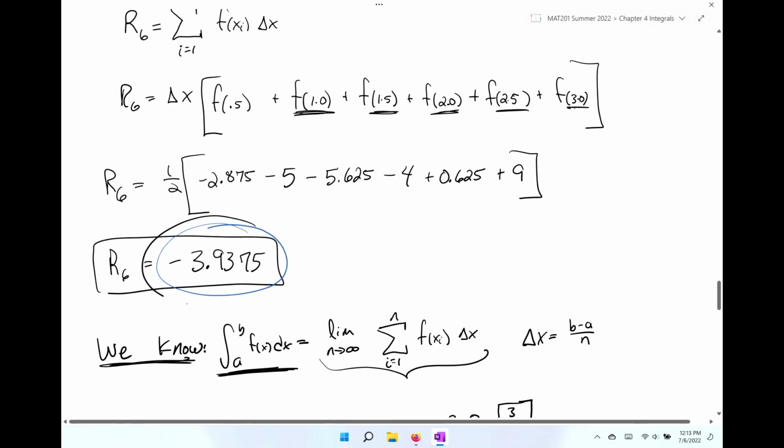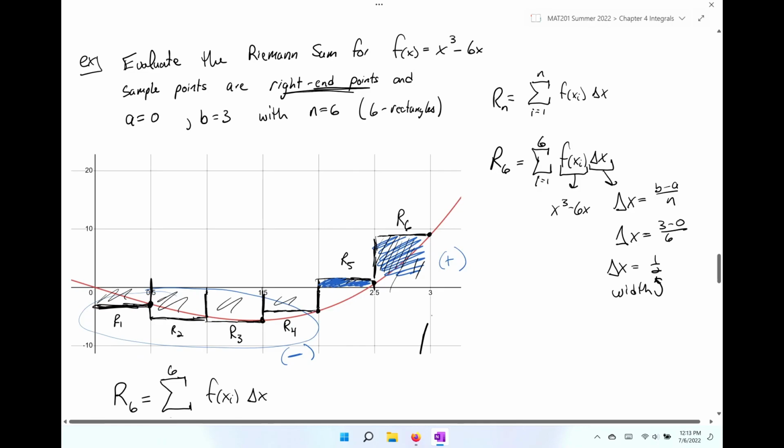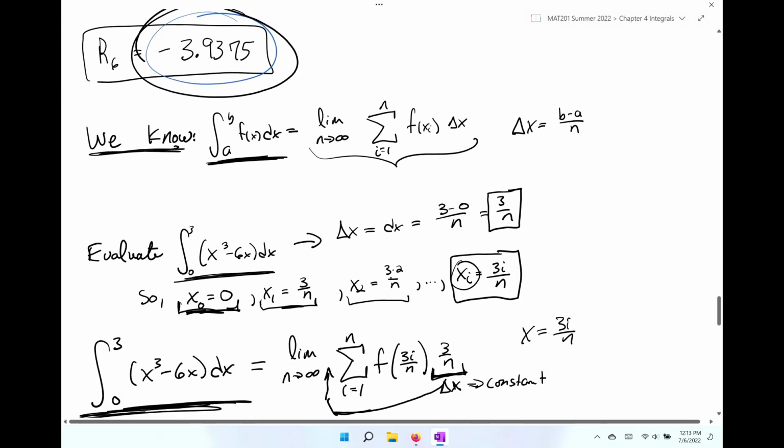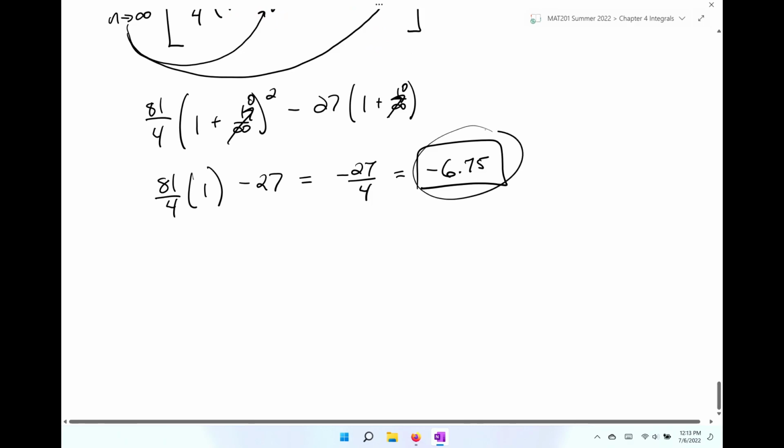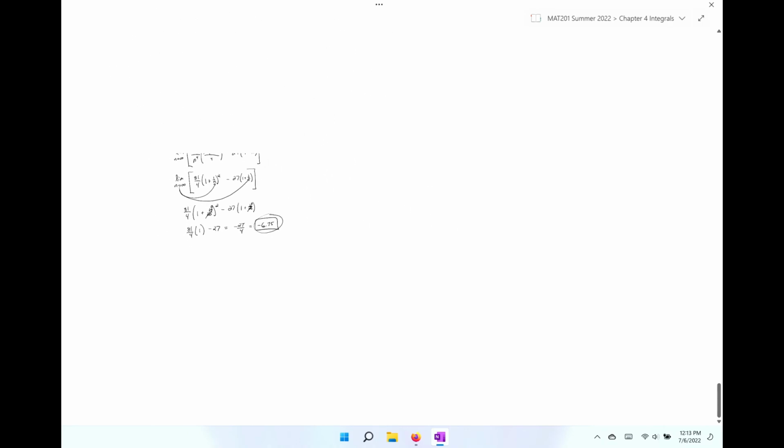This number, if you use rectangles, gives us net area. However, this is the total area. All right? Now, hopefully you could sit here, and I'm going to zoom out as much as I can.